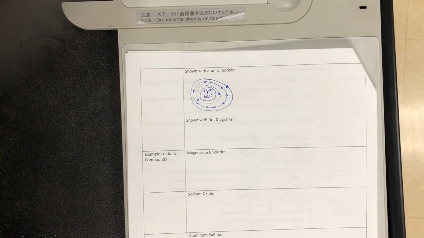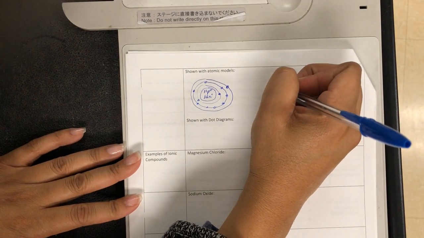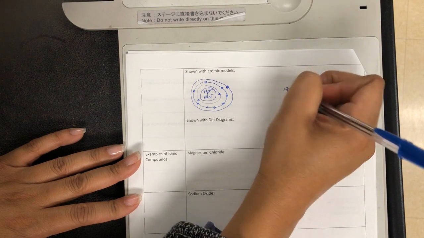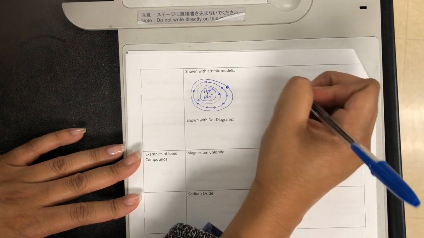As far as your chlorine, sodium has 11 protons and 12 neutrons. Chlorine has 17 protons, and how many neutrons? The atomic mass is 35, so 18 neutrons.